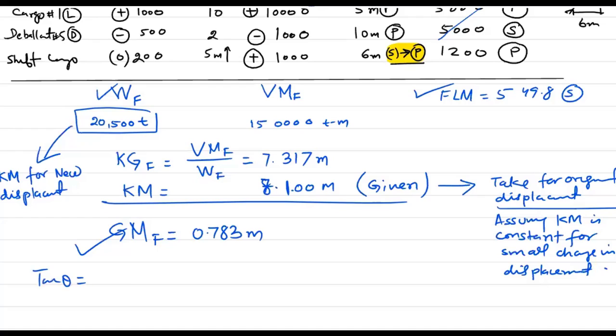Tan theta is equal to the final list moment, 549.8, divided by WF, that is 20,500, into 0.783.